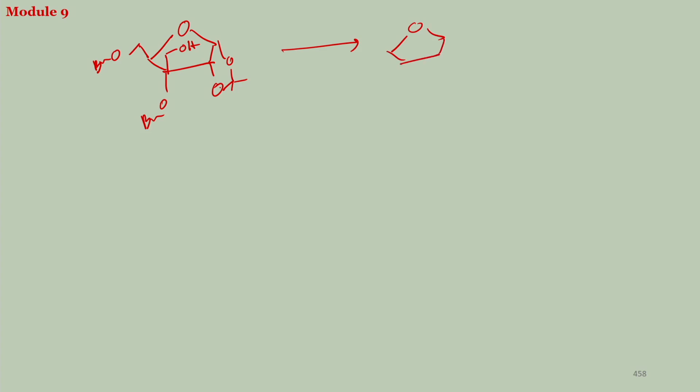Oh, before that, if I unlock this, there will be one reaction here, either this has to react here or this OH has to react here and open up, eliminating one hydroxyl. Elimination of one hydroxyl is required here, and if you want to eliminate that, this is not a good leaving group. So, tosyl chloride, I will make it a good leaving group first and then we will eliminate. This becomes O tosylate.